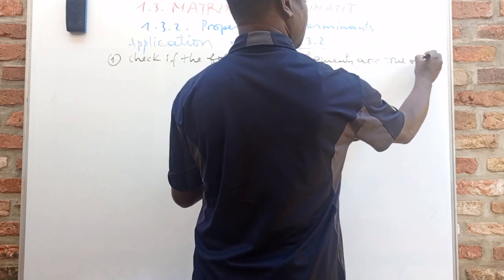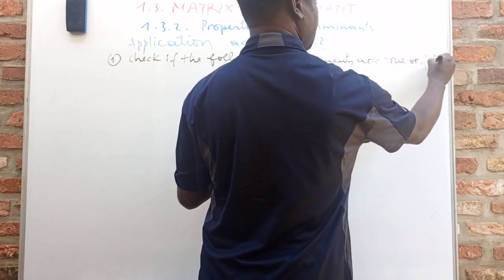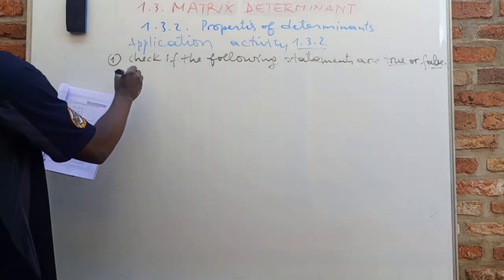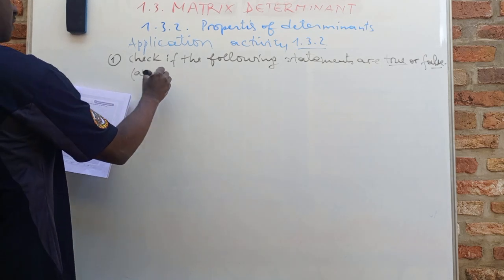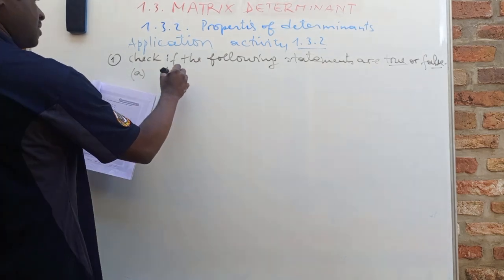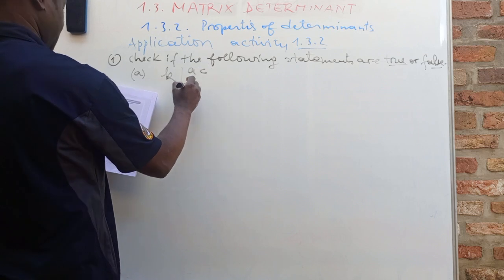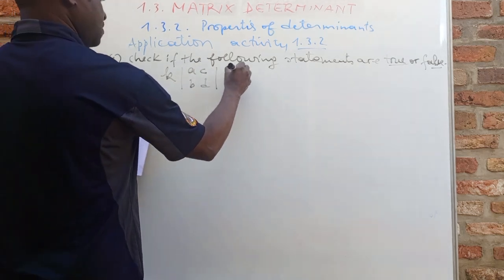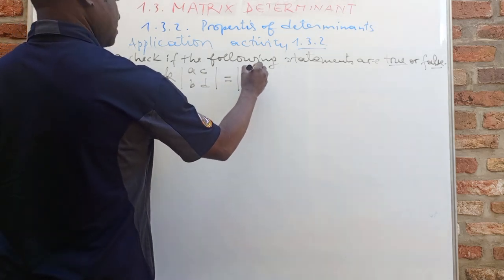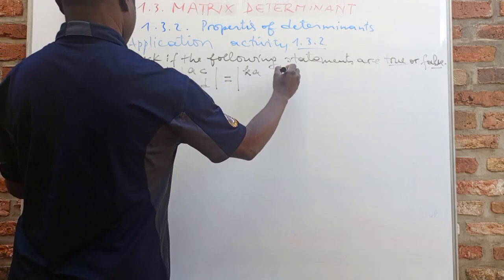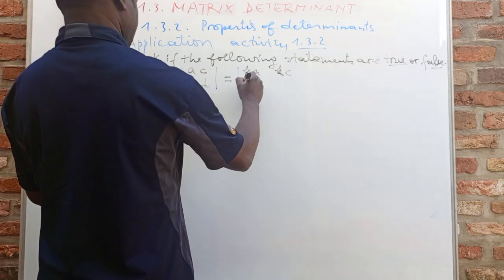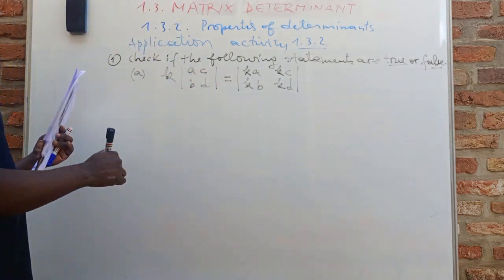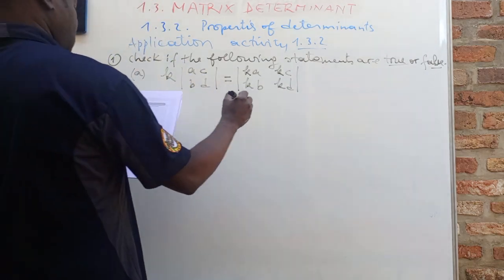True or false. So we have to check if what follows is true or false. You have k times the determinant of a, c, b, d; is it equal to the determinant of the 2 by 2 matrix ka, kc, kb, kd?